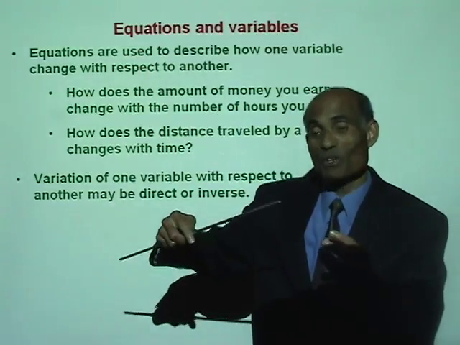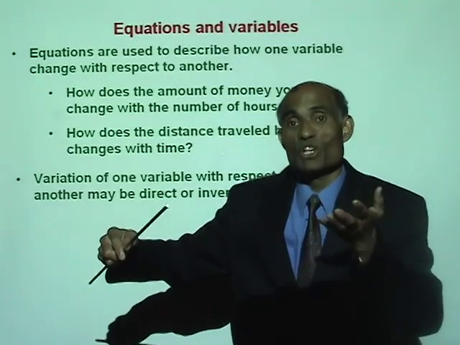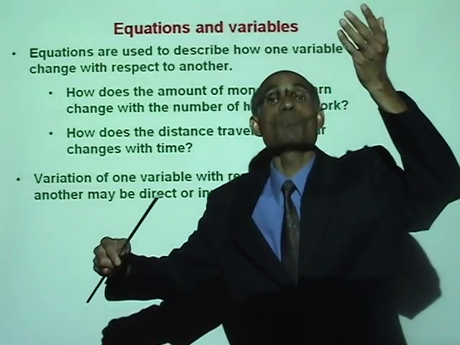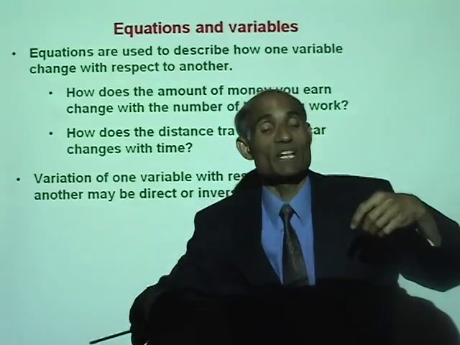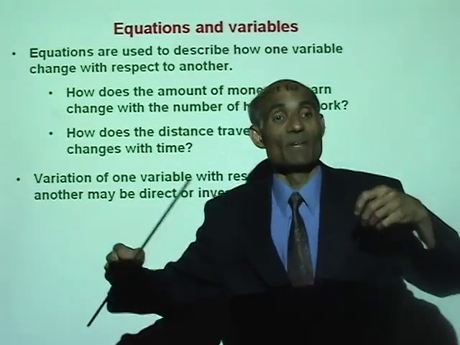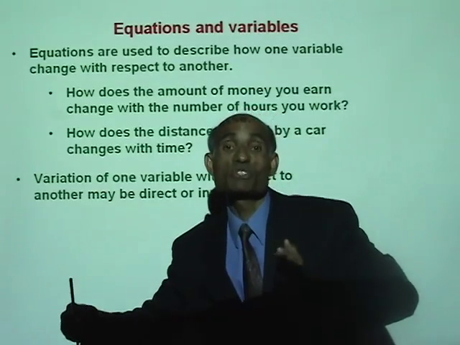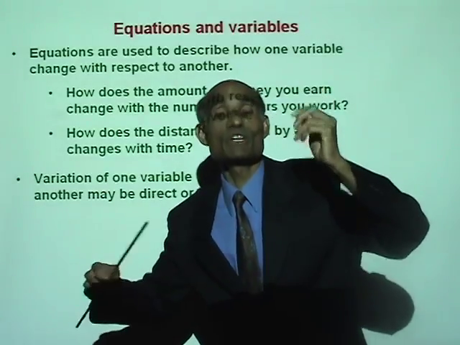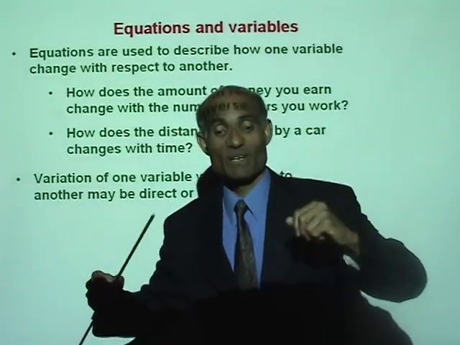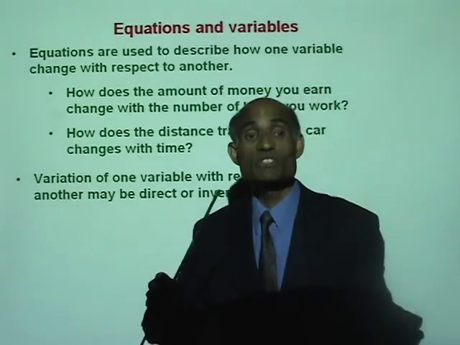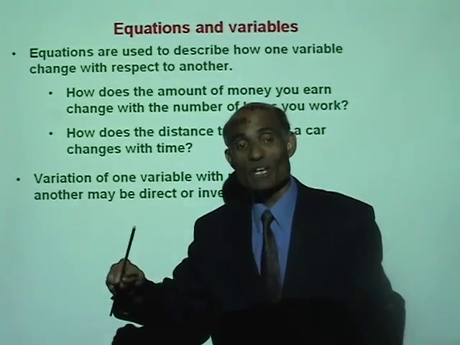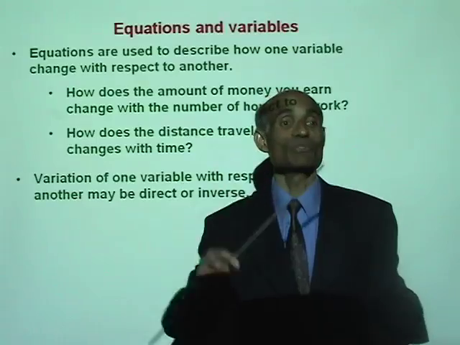The number of hours you work increases, the amount of money you take home also increases. There is a direct variation. The number of hours you drive increases, the distance you cover also will increase. It's a direct variation. So in a direct variation, when one variable increases, the other also will increase.